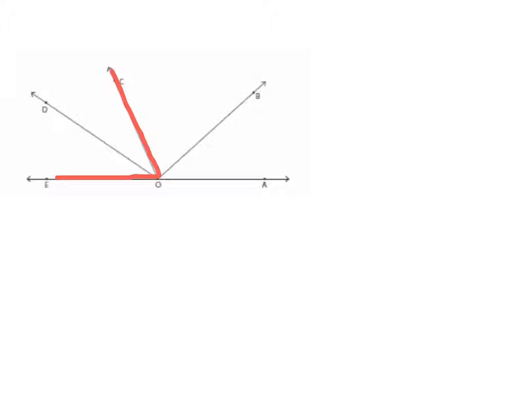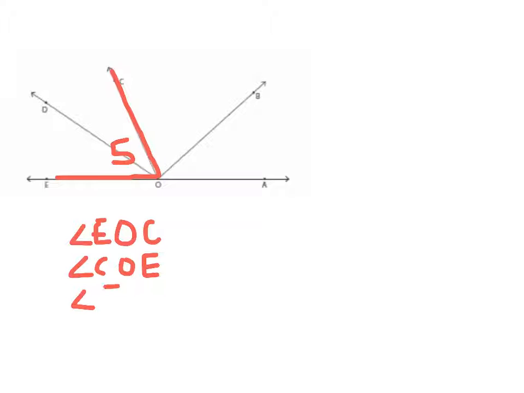This could be angle 5. It's made up of angle 1 and 2 together, but this is its own separate angle. So this could be angle EOC, or angle COE, or angle 5. And again, that's why we cannot use O as a name, because there are all these different angles in this picture.